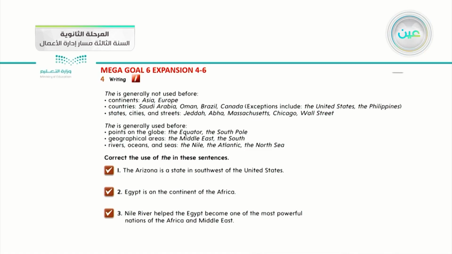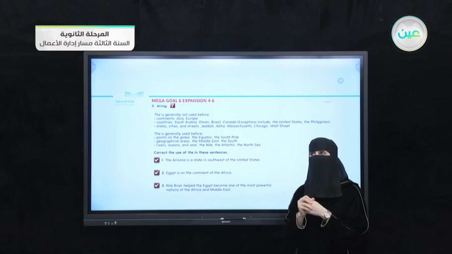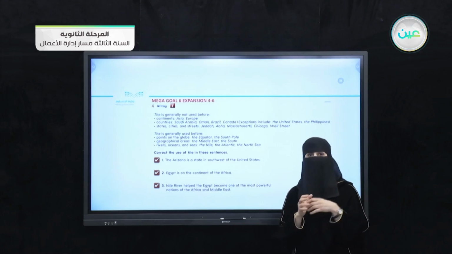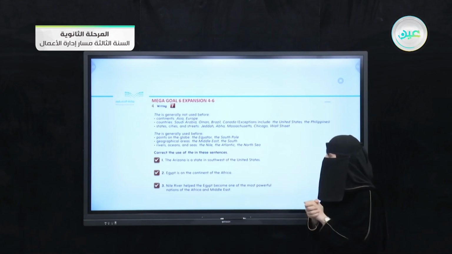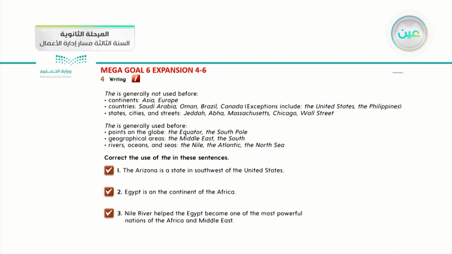Cities and states, cities and streets: Jeddah, Abha, Massachusetts, Chicago and Wall Street, all of this we can't use "the" before. And there are some exceptions also, as with lakes and mountains. We find a group of lakes such as the Great Lakes. We can use "the" with it. And if we want to talk about a famous mountain such as Alps, we can't use "the" with it.